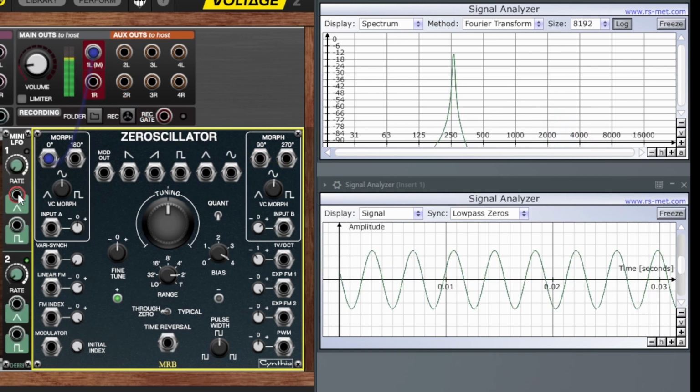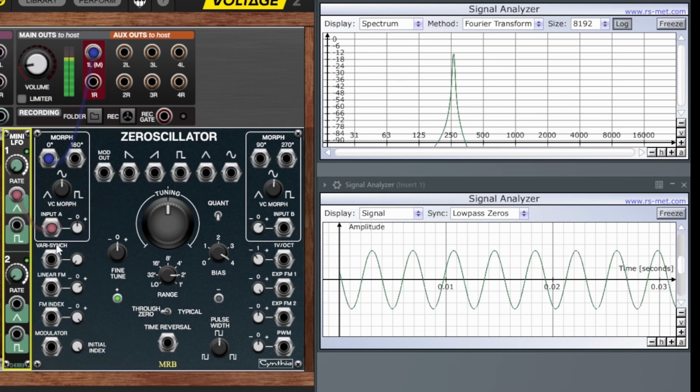Using the CV input below the wave shape potentiometer, we can automate the morphing process.